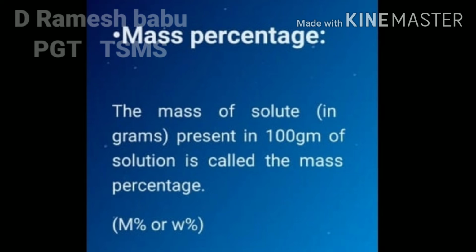You can solve some numerical problems later based on mass percentage. Simply the mass of solute will be given, and the total mass of solution will be given. Simply you make it to 100 and tell the percentage. That's all. That is mass percentage.